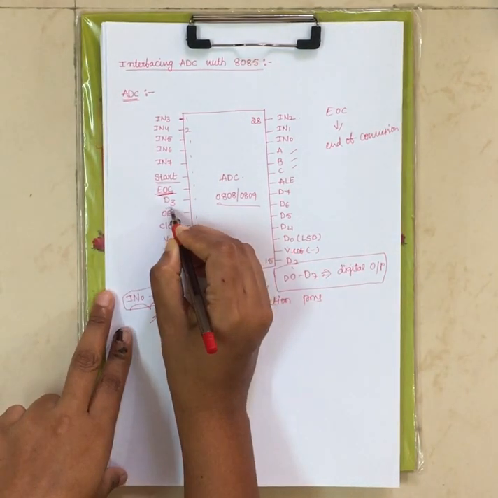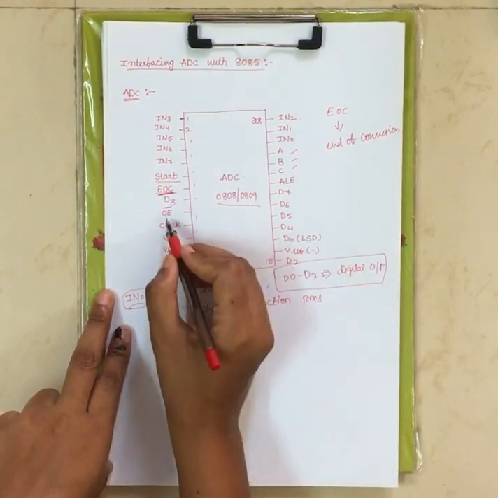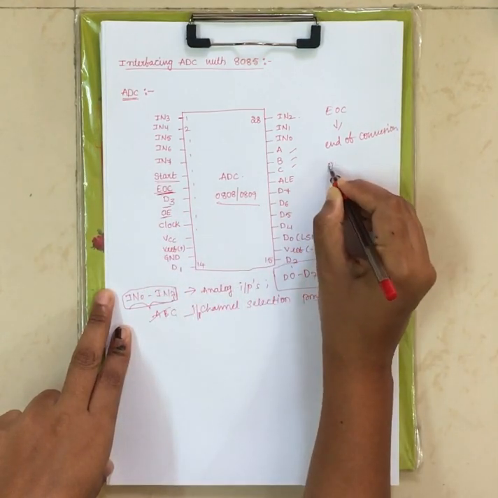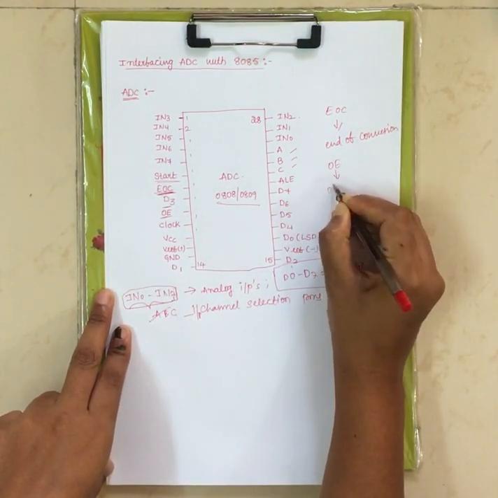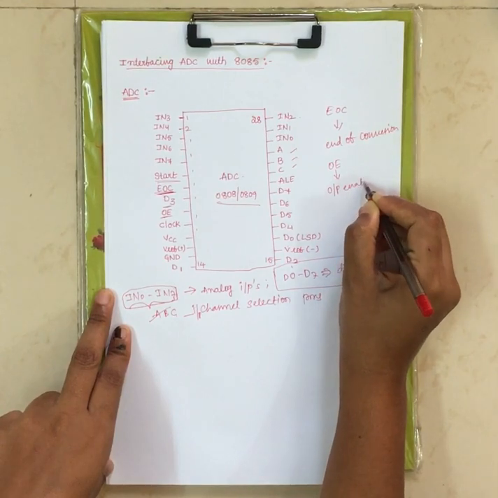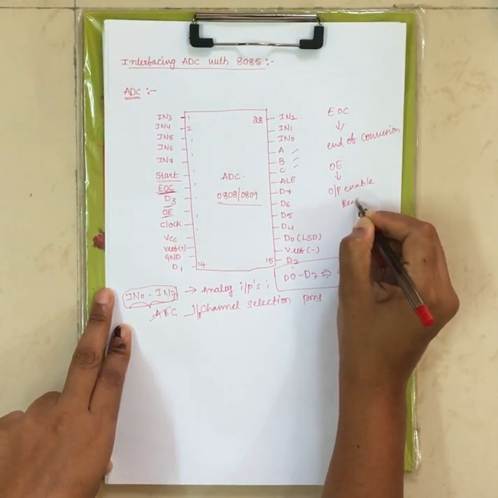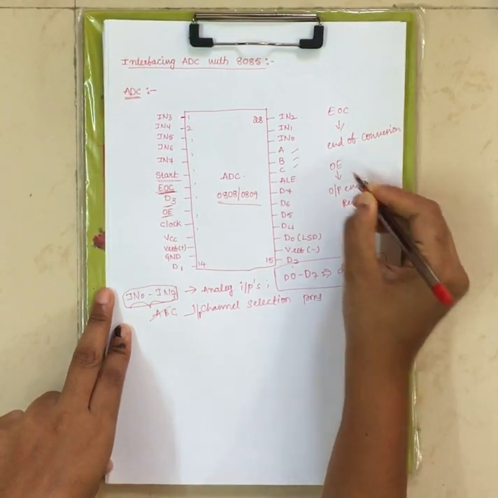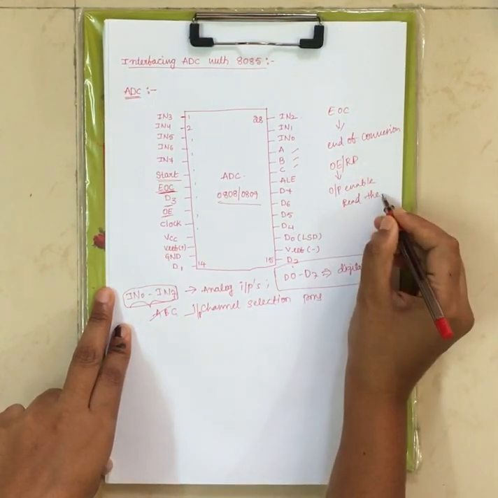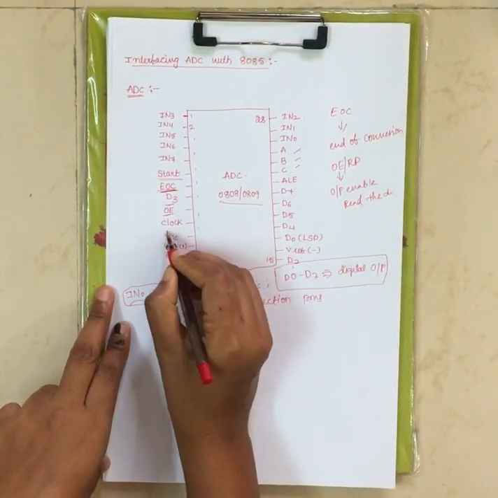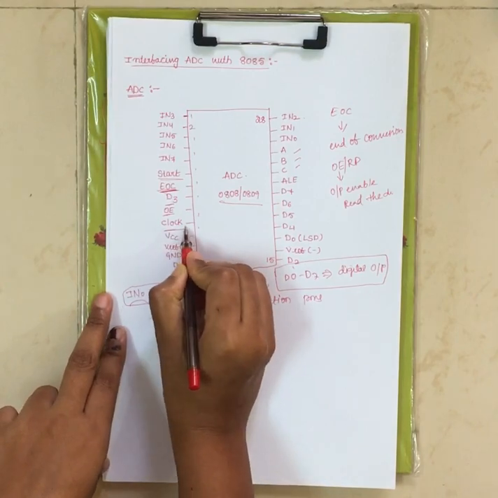And next you have a digital output pin, and next you have output enable. OE is nothing but output enable, just reading the data. Through this pin we are reading the data. OE or RD, both are the same. And next the clock signal is provided at this pin.